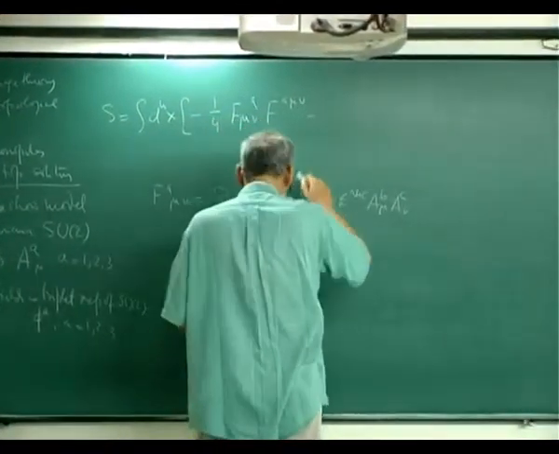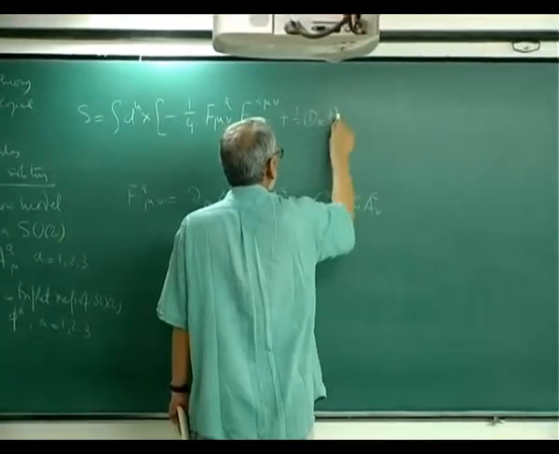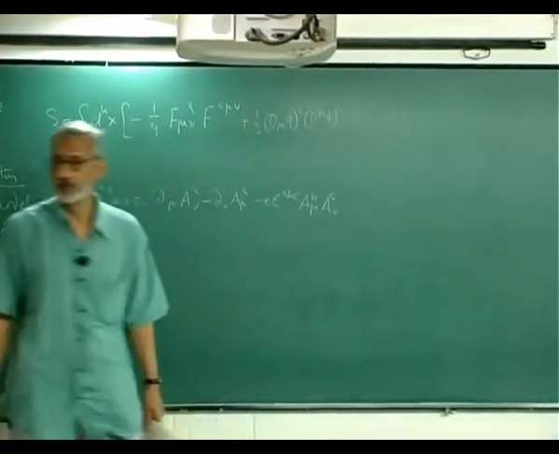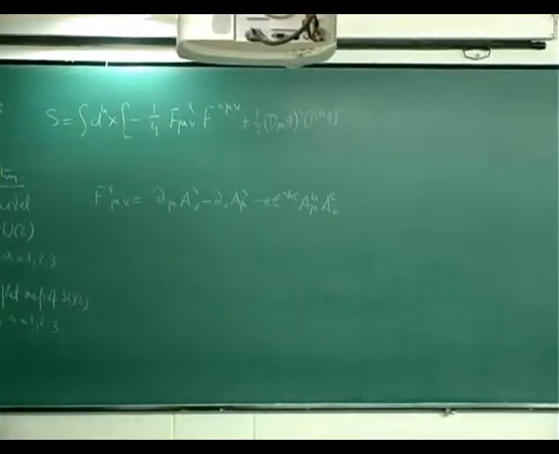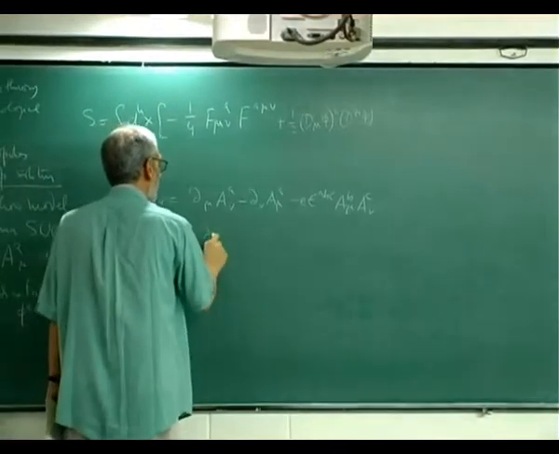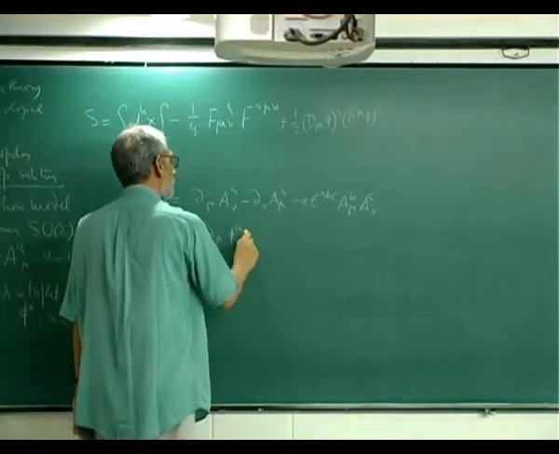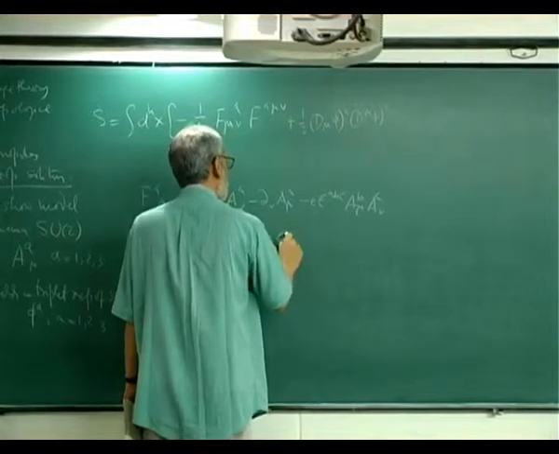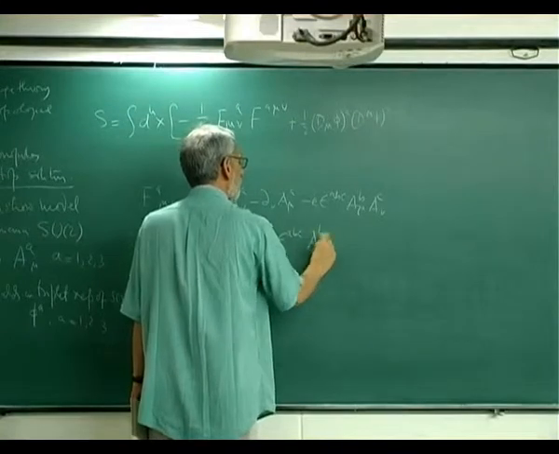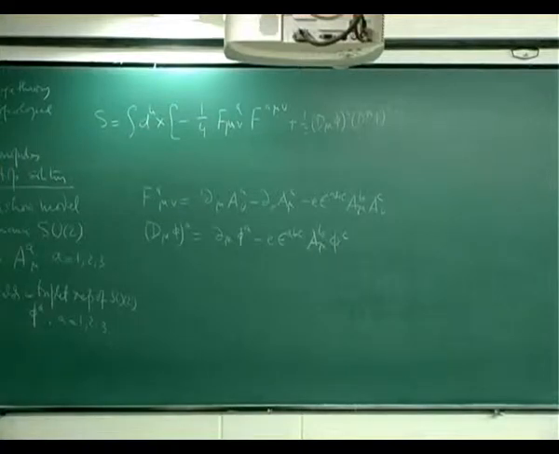Then we have the kinetic term for the scalar fields, half D mu phi A D mu phi A, where D mu is the covariant derivative. Capital D mu phi A is d mu of phi A minus epsilon ABC A mu B phi C. I hope I have the signs right.